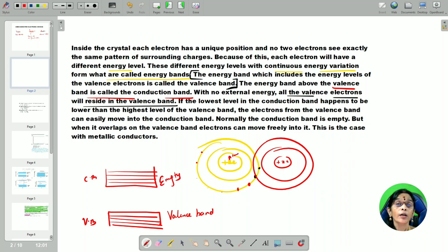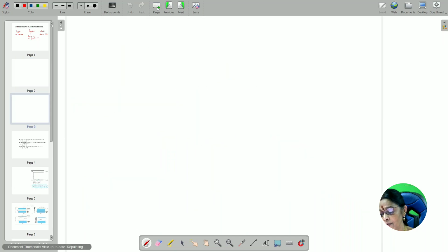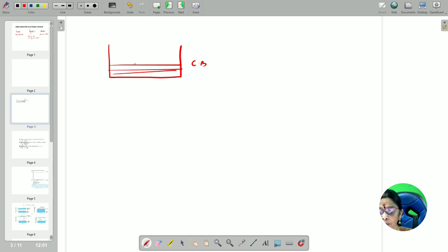Now, consider the gap between the valence band and the conduction band. This is the conduction band. What are these lines which you are noticing? They are all different energy levels.